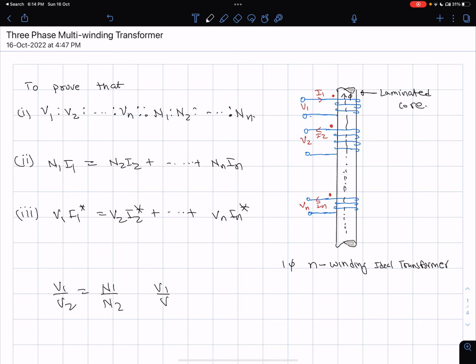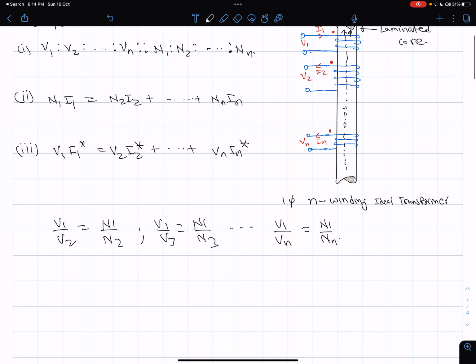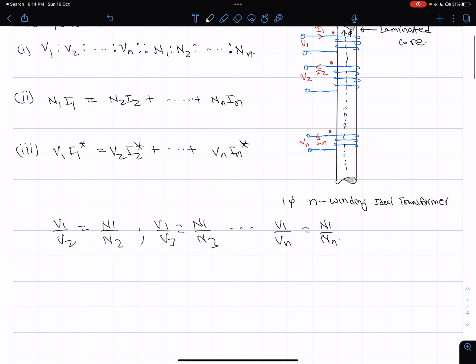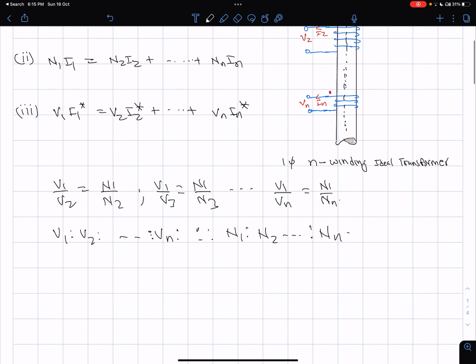If you look at V1 by V3, it will be N1 by N3, and so on. V1 by Vn will be N1 by Nn, where these are the number of turns on each of these windings. So therefore, put it together, V1 is to V2 is to Vn, the ratios of them will be in proportion to N1 is to N2 and so on in proportion to Nn. So a very straightforward proof.